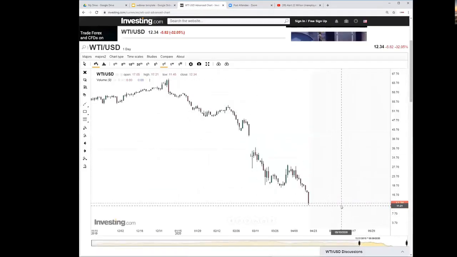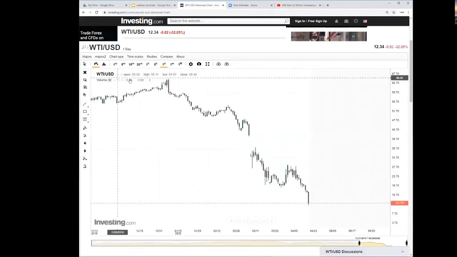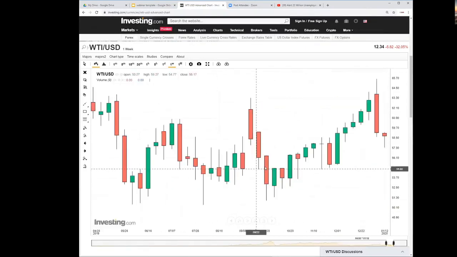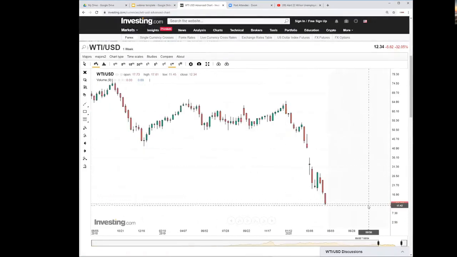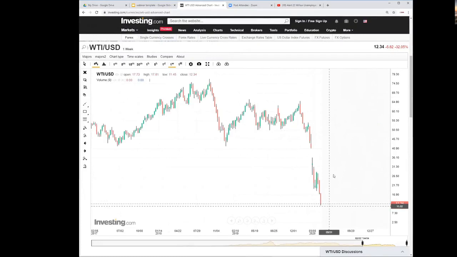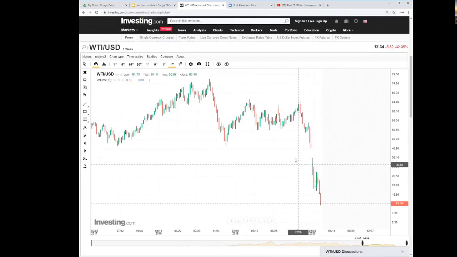Almost $12 WTI USD. This is an amazing opportunity for us to take advantage of. It's $12.34, and easily the price can bounce to a minimum of 45.50 USD. So that itself is 300%. But I'm going to teach you how to do that exactly in this MT4.